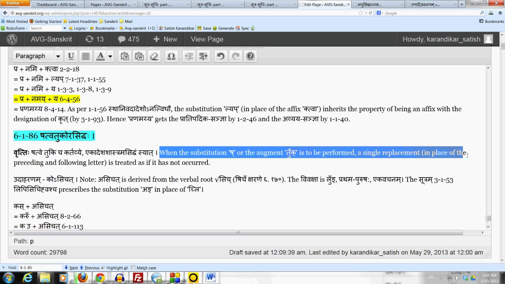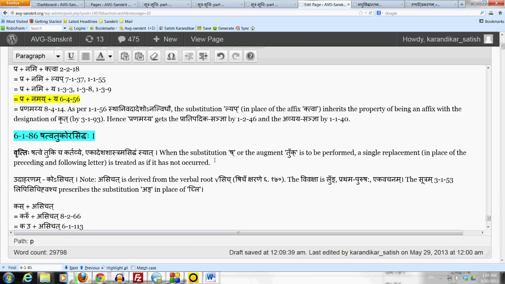when the substitution ṣ or the augment tuk is to be performed, a single replacement in place of the preceding and the following letter is treated as if it has not occurred.